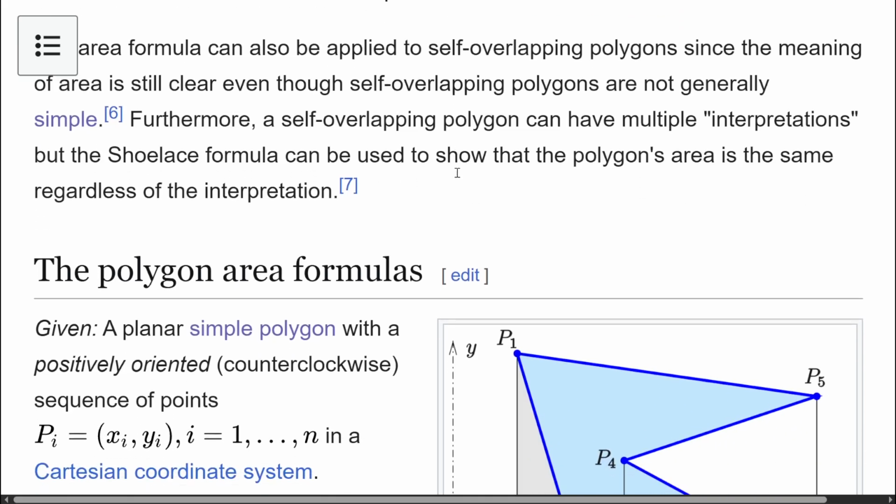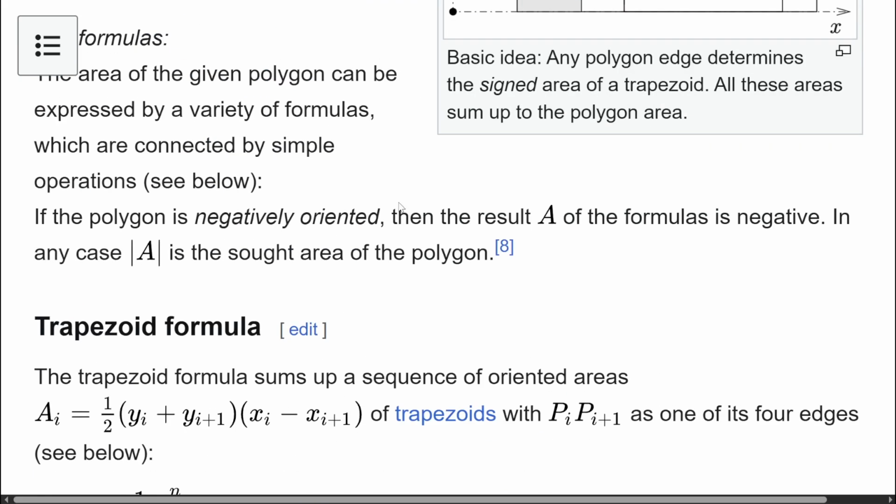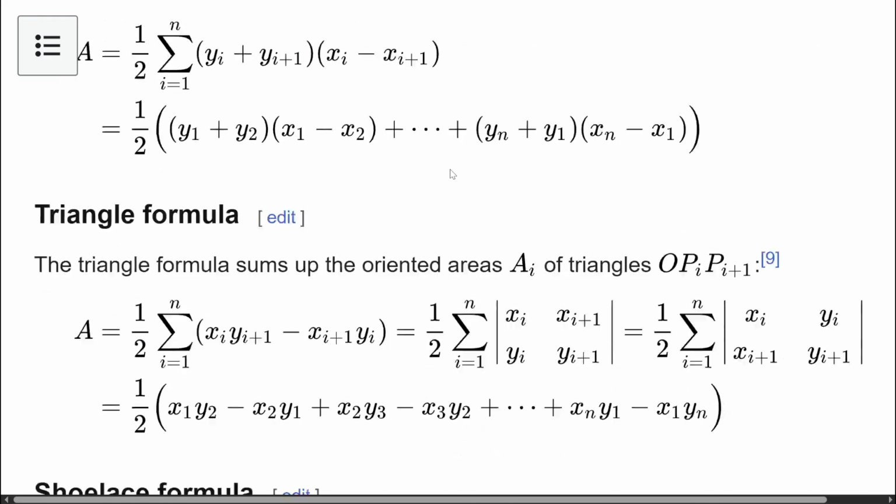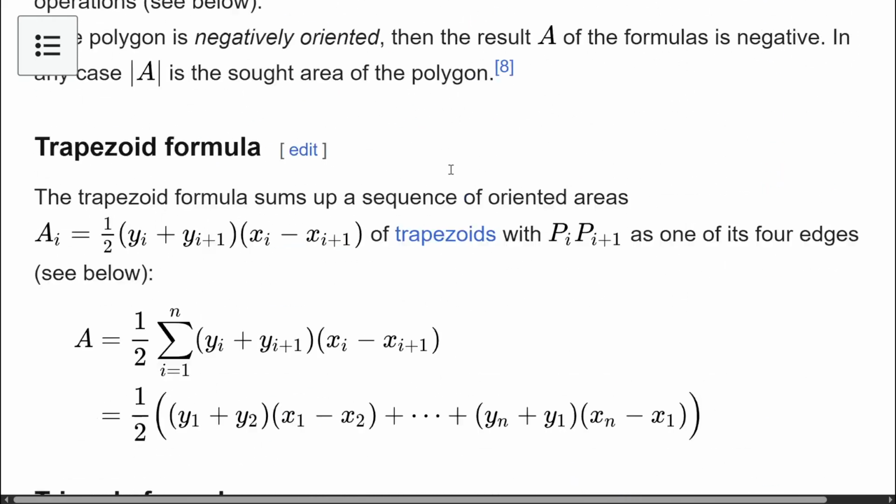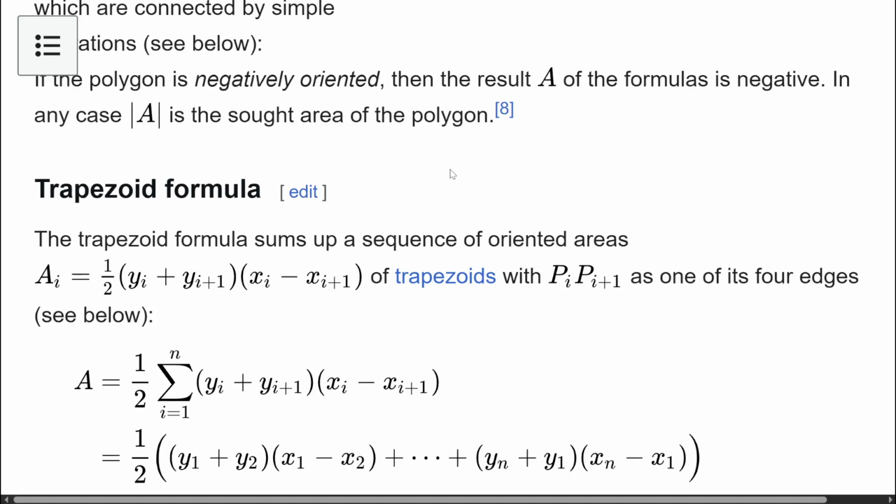So this is where we were looking at the shoelace formula. If it's negatively oriented, yeah. And that's what tells me whether I should be looking at the right or the left as I'm tracing out the shape.